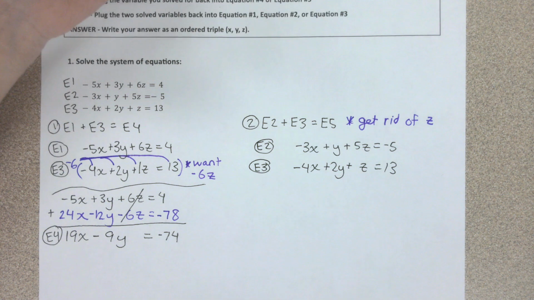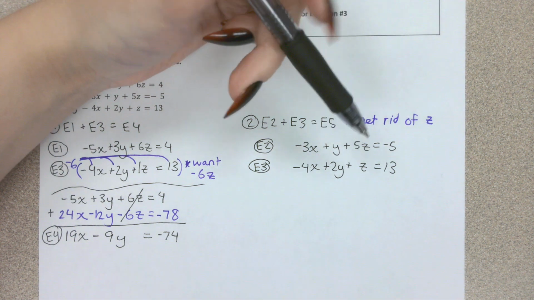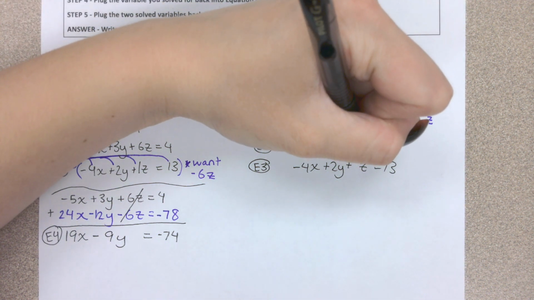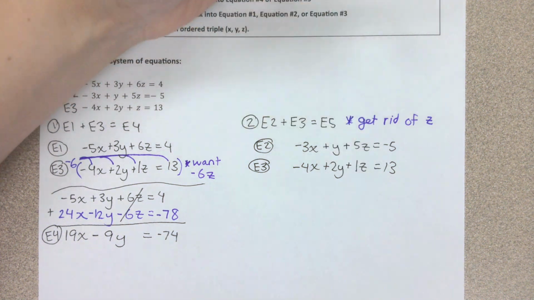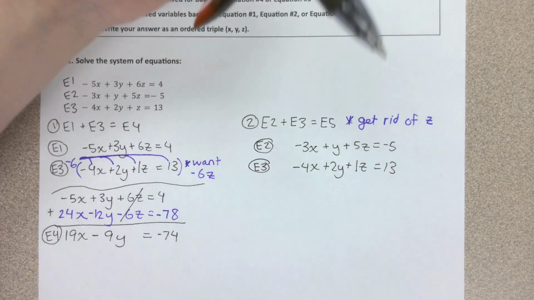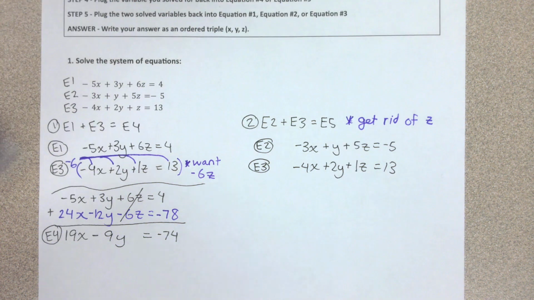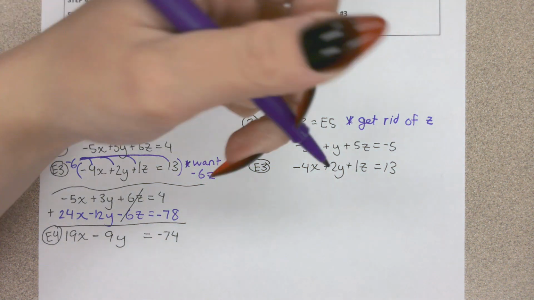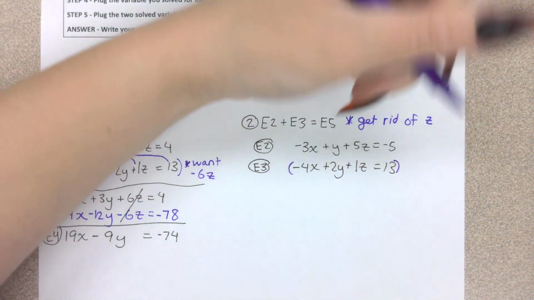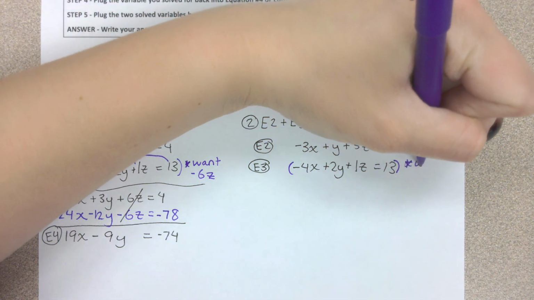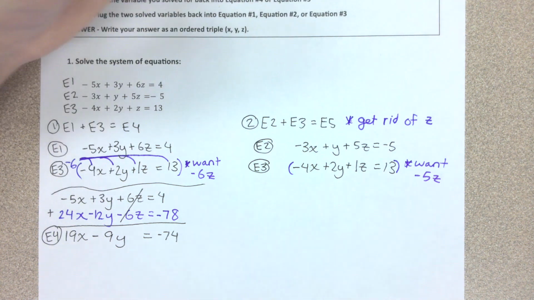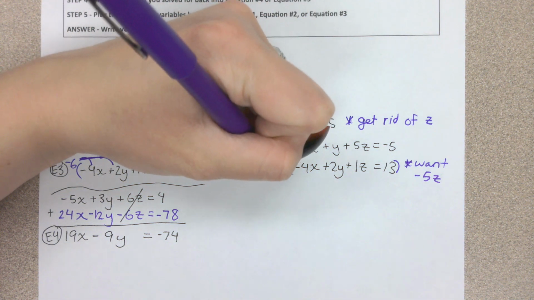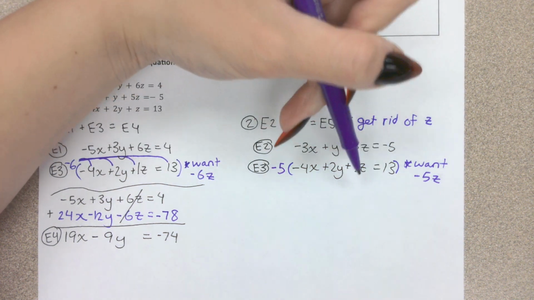Thankfully, this is going to be very easy to get rid of z again, because we still have that 1z as an option, and this is very easy to change to anything we want to. So I have 5z and 1z. To make those cancel, I want negative 5z. So I'm going to multiply through by negative 5 to turn that into a negative 5z.